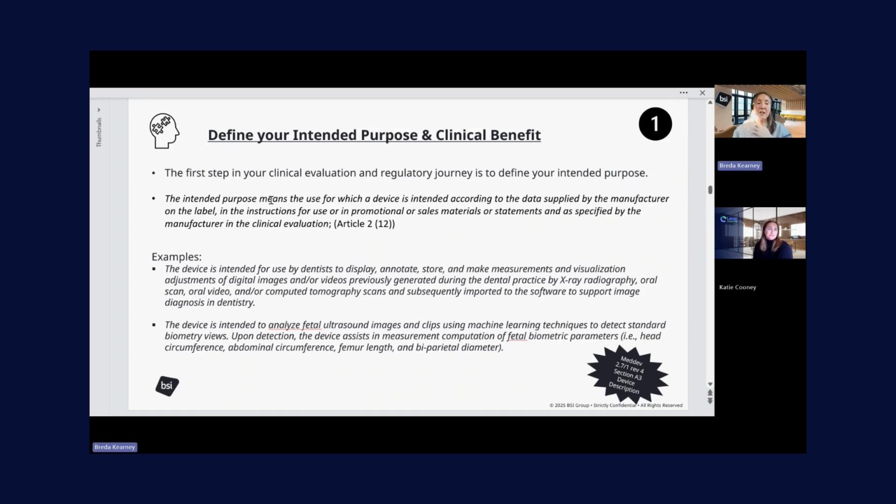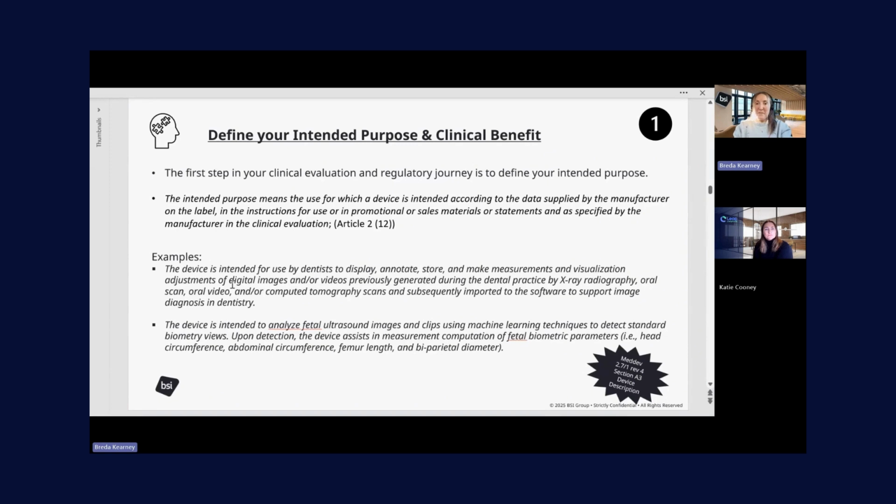The first one says that the device is intended for use by dentists to display, annotate, store, and make measurements and visualization adjustments of digital images and/or videos previously generated during the dental practice by X-ray radiography, oral scans, oral videos, and/or CT scans, and subsequently imported to the software to support image diagnosis.